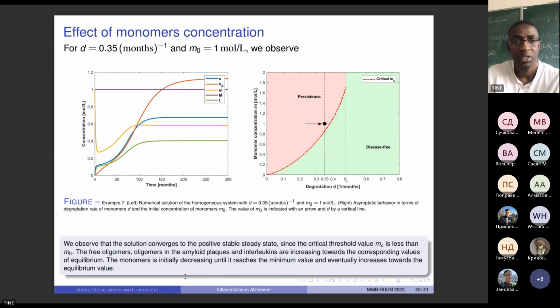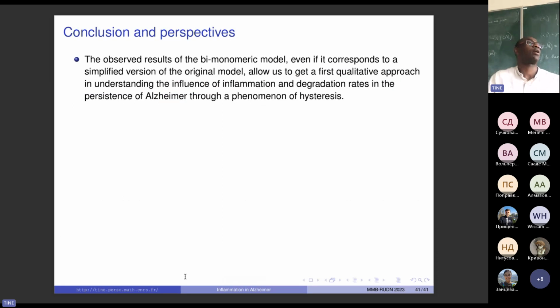So the general conclusion is that even if we work with a very simplified model, that is, a model where we do not take into account the proto-oligomerization process, we observe very big and very helpful dynamics regarding the disease-free equilibrium or not.